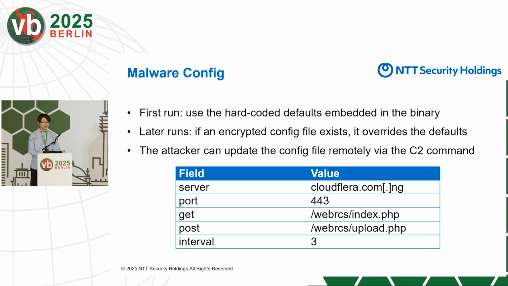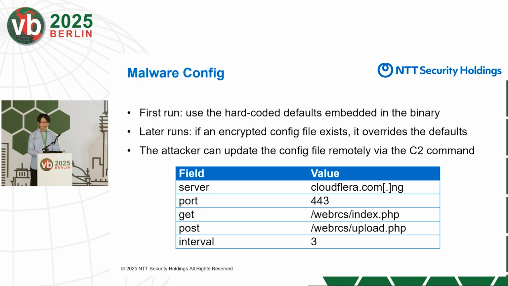When the operator sends a setting command, the malware writes these same values to an encrypted file in the user profile folder. This file keeps its name and survives reboots. On later runs, the loader looks for that file. If it is missing, it falls back to the defaults.